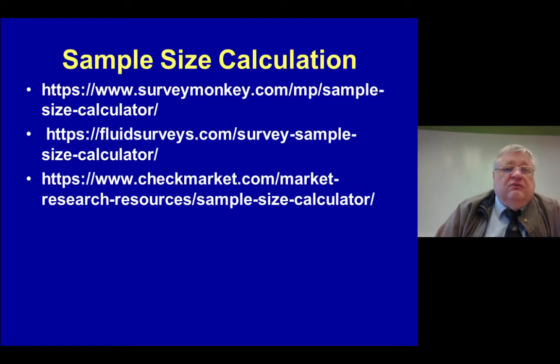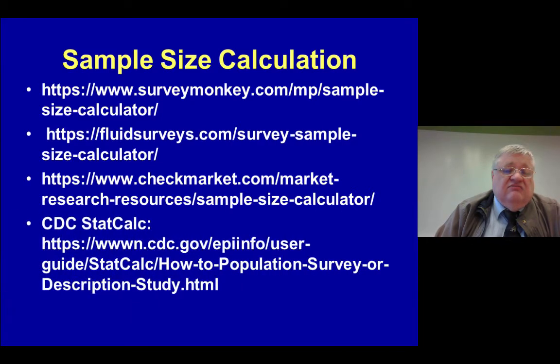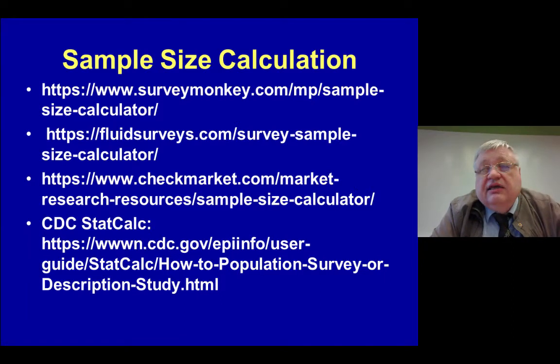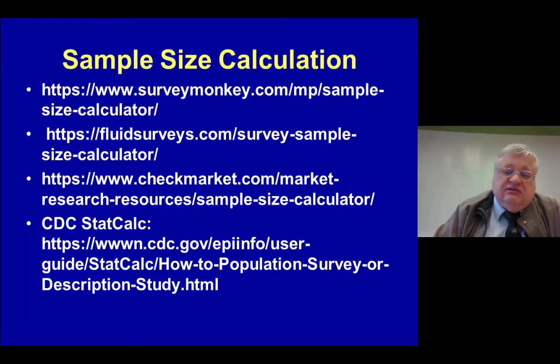Now, when you go on the web, there are many different sample size calculators. These are the ones that are specific for surveys, for doing simple surveys. If you're so minded, go to the CDC website. You can download StatCalc, and it has a nice program in there for calculating power and sample size for simple as well as more complicated designs.